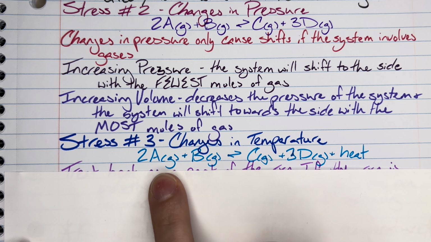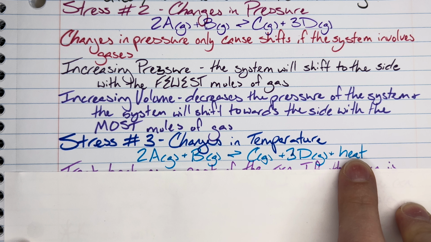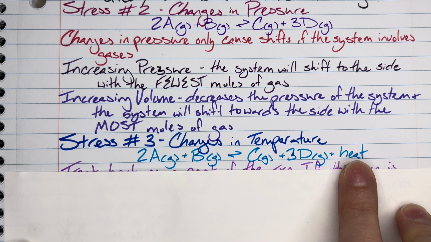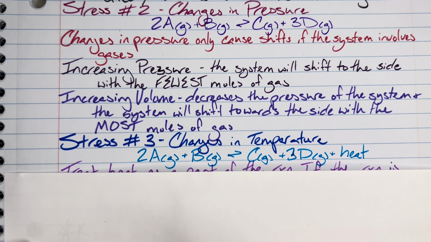And so here we can see that we are visualizing heat as a product, and this is going to be important when we talk about what effect change in temperature is going to have on a system. We need to know where the heat is in terms of if it's needed for the forward reaction or the reverse reaction.